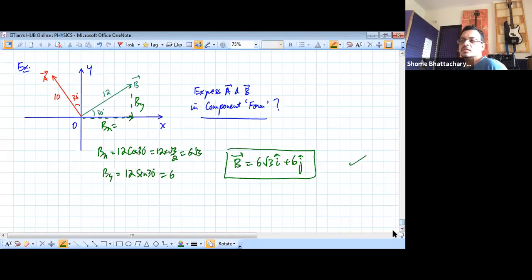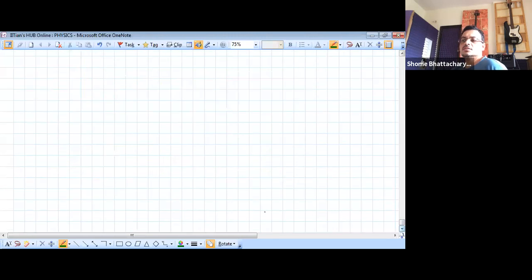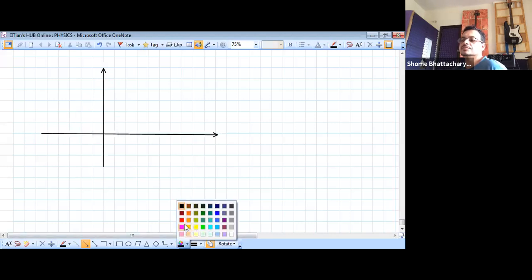For A, Kanish, the thing is you have to understand that A's x component is going to be negative, because the angle A is making with the x-axis is an obtuse angle. And also in the diagram you can see that vector A is like this.